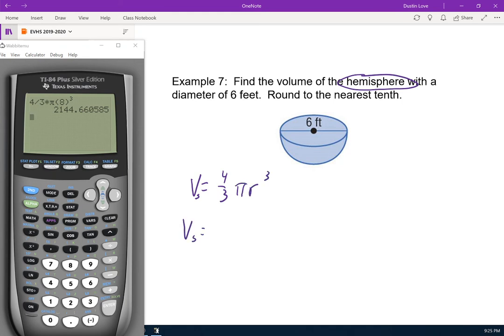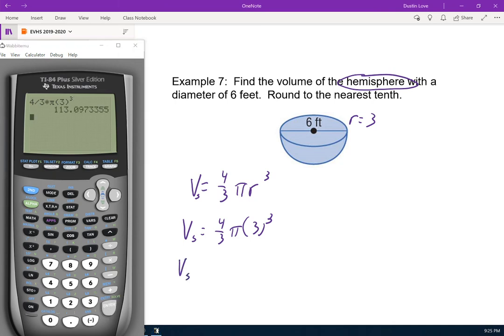So volume of the sphere is 4/3 times pi times, now if the diameter is 6, then the radius is 3, cubed. 4 divided by 3 times pi times 3 cubed.